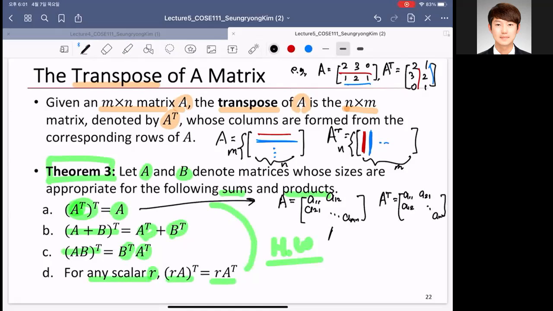Then the transpose of the transpose is going to be A11, A12, A21, and so on. The left-hand side and right-hand side are the same, so we just proved this one. Similarly, you can do the others. 안 할 거예요. 여러분들이 이런 것들은 꼭 해주세요. 알았죠?